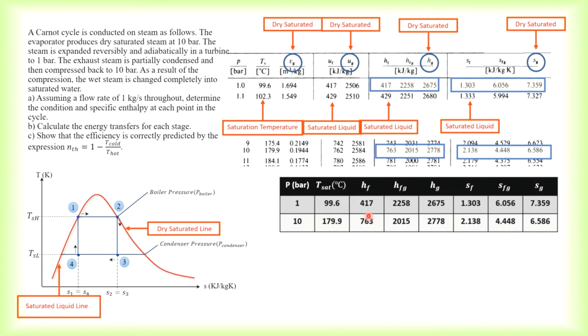HF, HFG, Hg, SF, SFG, and Sg, based on these values which I have highlighted here. So fill up this table. This is the first step you do: draw your TS diagram, and then the table. Place in all the properties based on the two working pressures.